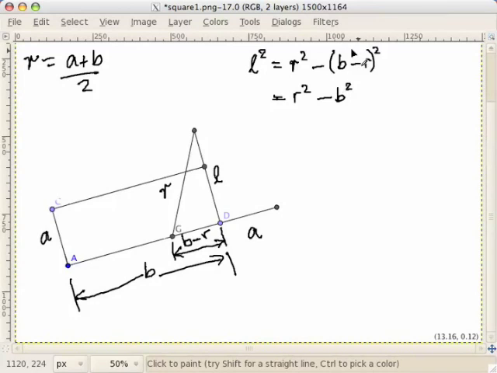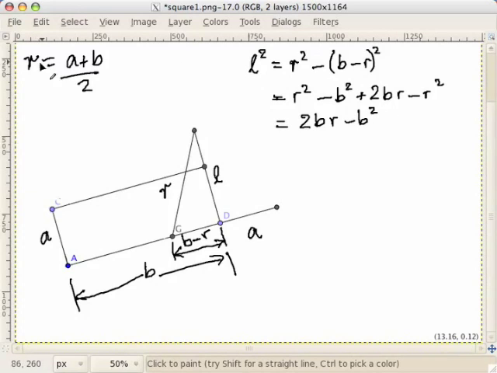When I expand the (B minus R) squared, I'll have a minus 2BR, but the minus is going to make it a plus. And then when I expand out the minus R times minus R, I'll get a plus R squared, but then the minus, I'm going to get a minus R squared. Notice that that R squared and that R squared cancel. So what I've got is 2BR minus B squared.